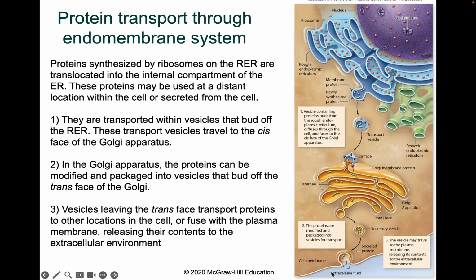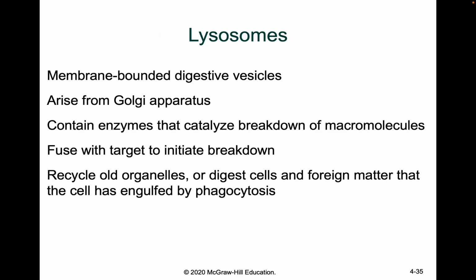This phospholipid membrane is able to fuse with the cell membrane because they're made of the same material, and they fuse really beautifully. When they fuse, they release the contents outside. So that's how this endomembrane system works. And this does not exist in bacteria. Remember that.